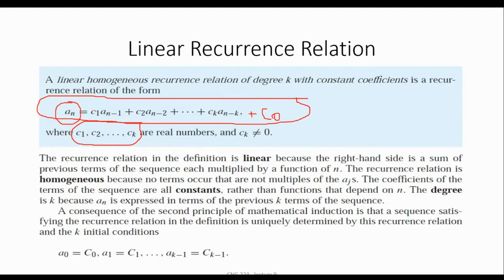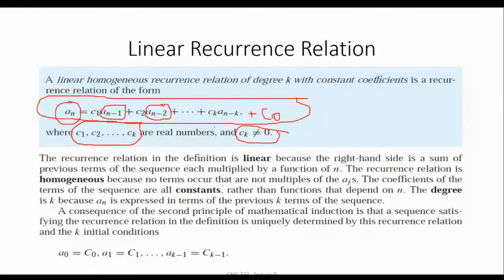Anyway, now you can see for each term I can consider the recursive relation and define it by its previous terms. So one term before it, two terms before it, and so on. And each one of them has a multiplier. And there is a condition for that.